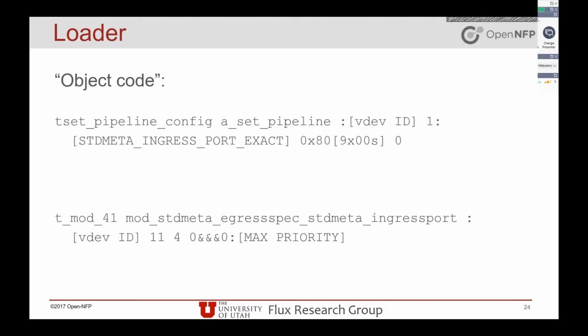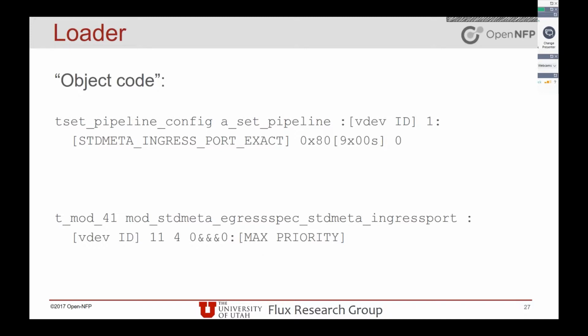Here's an example of a value that is 0x80 with 9 bytes worth of zeros following after that. So we can just simply expand that by the loader, and the result.